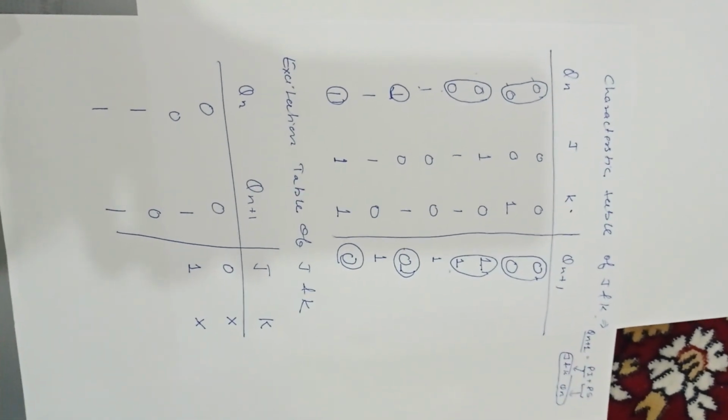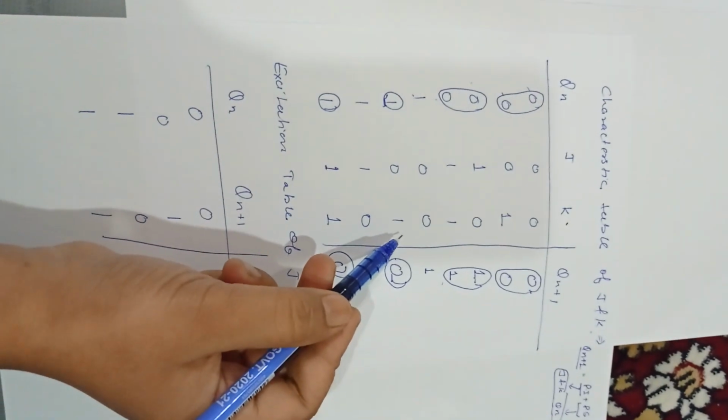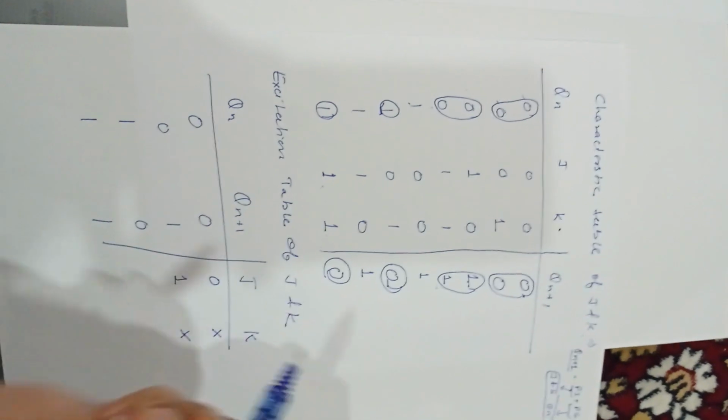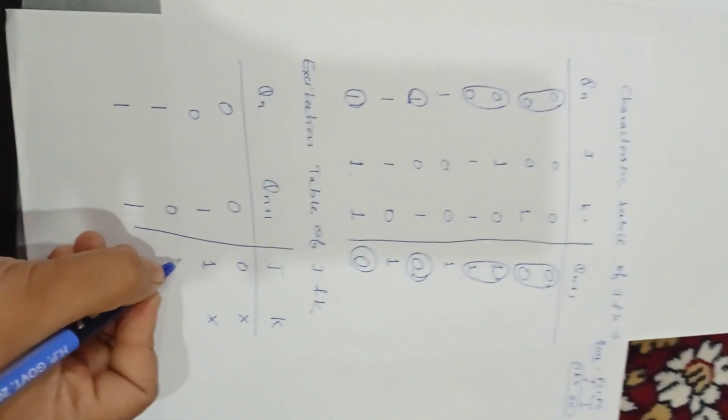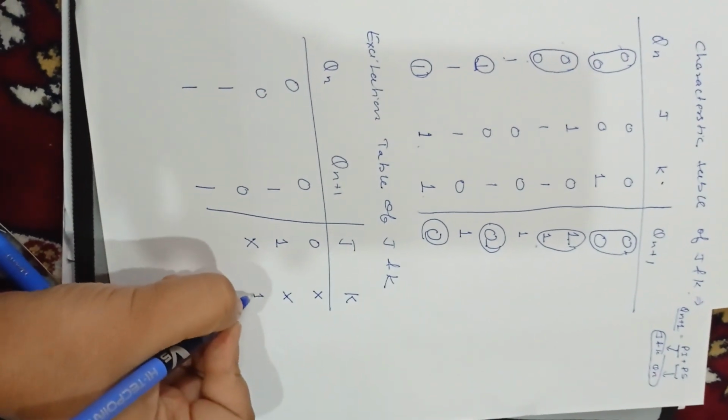Here you can see that your k is the same, that is 1 and 1, and j is changing from 0 to 1. So your j is represented with your don't care, and your k is 1.